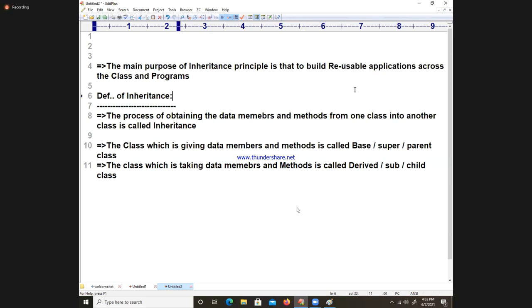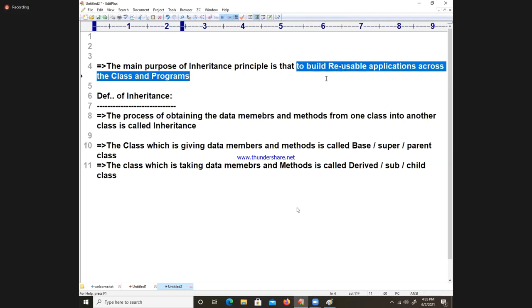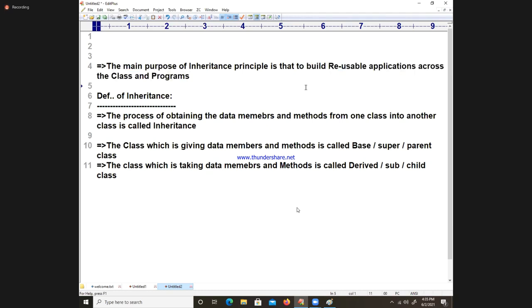Please try to use this word: building reusable applications across the classes and across the programs. This word is important. If this word comes on your paper or in your interview room, then you are a successful candidate. There is no substitute word for this type of sentence.